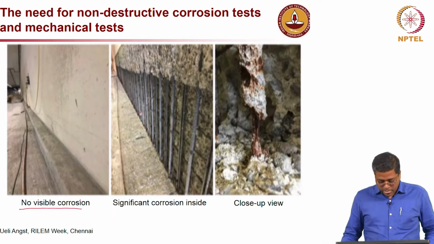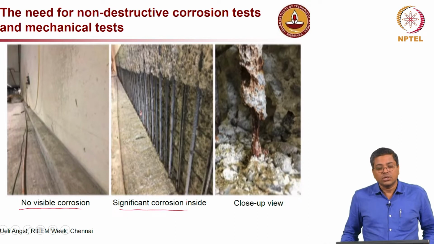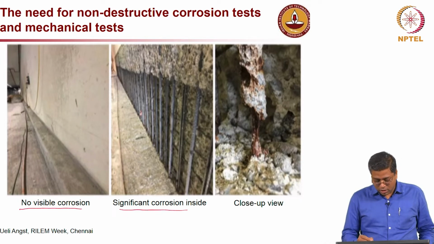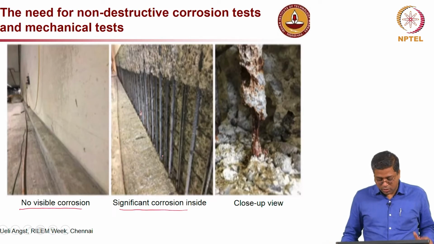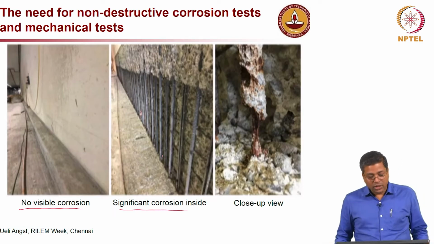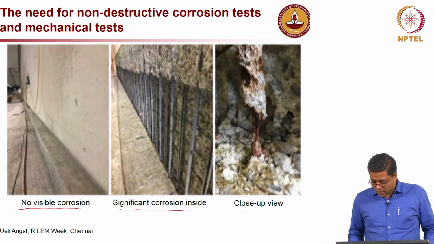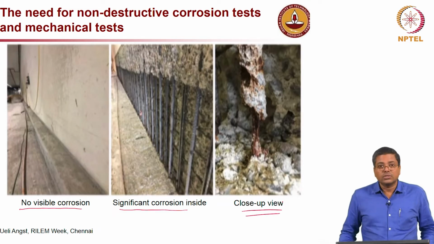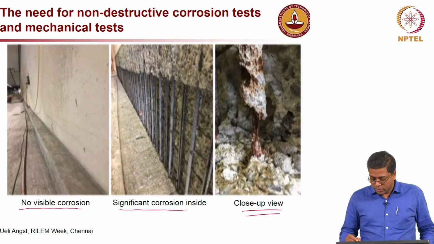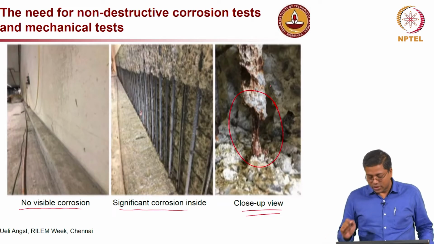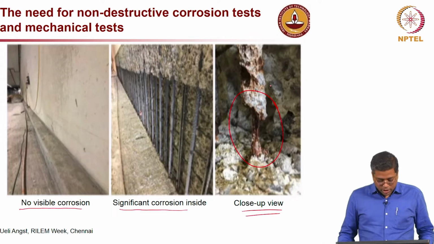The same wall, after removal of the concrete cover, was found to have significant corrosion on all these exposed rebars. The third photograph shows a close-up view, which very clearly shows significant corrosion, almost nothing left in that particular rebar.